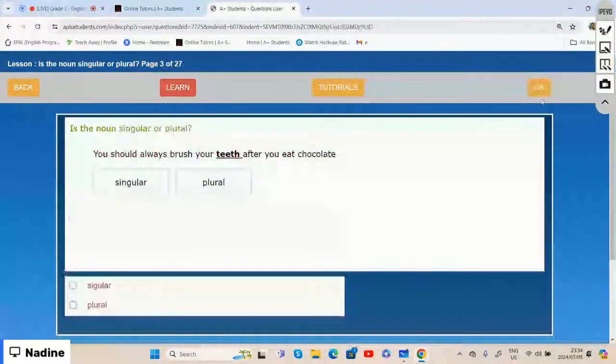So well done. You should always brush your teeth after you eat chocolate. The noun teeth, is teeth singular or is it plural?